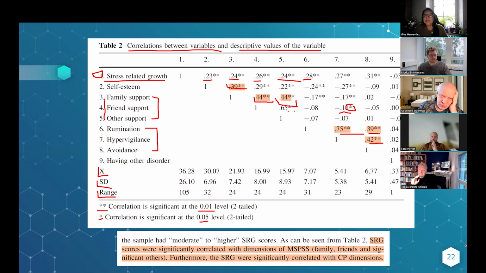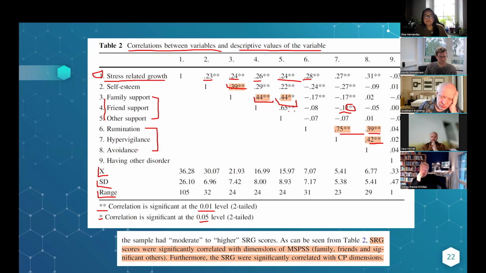So let's take a look at what the authors actually wrote. As can be seen from table 2, stress-related growth scores were significantly correlated with dimensions of social support.